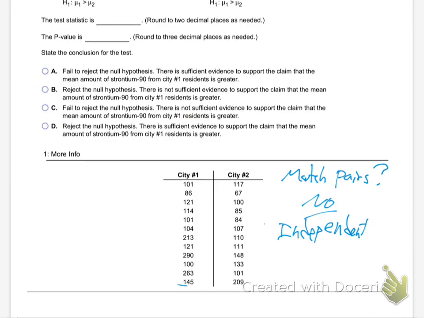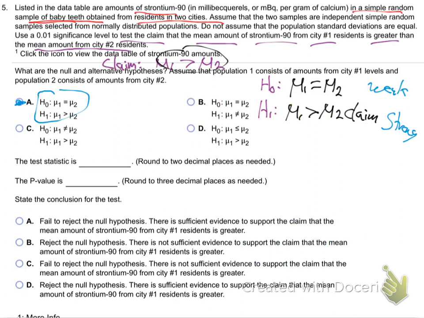Okay. So you got to put this group in L1, this group in L2 in your calculator. So you start by hitting stat and then edit. And then go to the top of L1 and hit clear and enter.